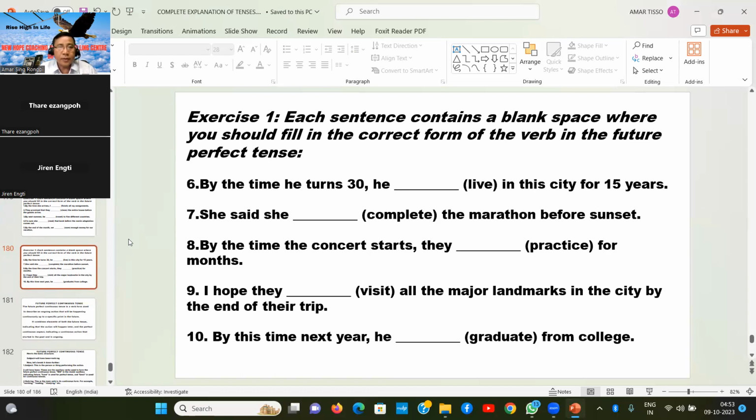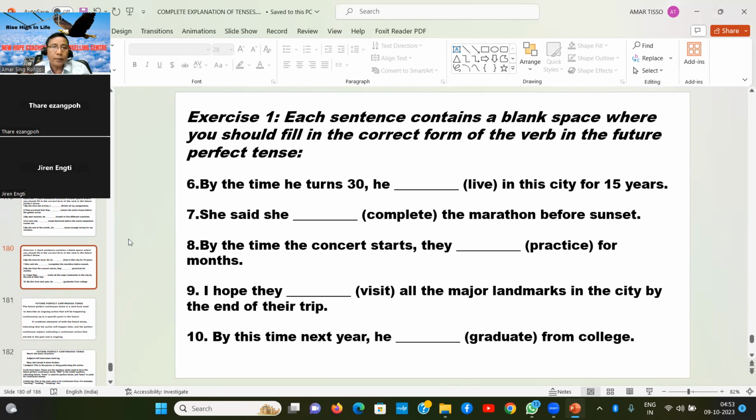By the time he turns 30. Okay? When you say 30, your tongue should go up and touch the upper teeth. 30.